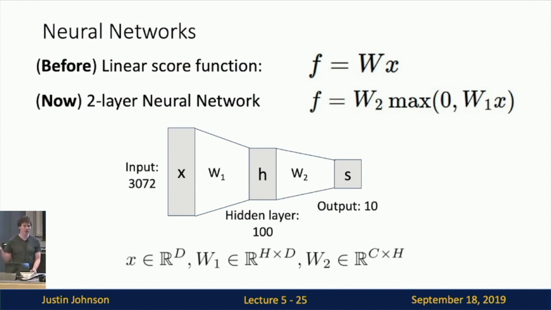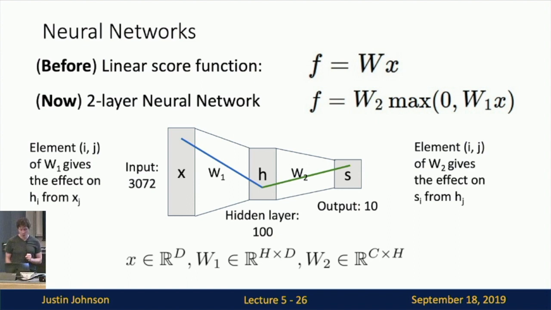And then on the right are our final score vectors, maybe S, giving 10 classification scores for our 10 categories here. And we imagine these weight matrices as living in between each of these multiple layers of our neural network, where we can interpret these weight matrices as somehow telling us how much each element of the previous layer influences each element of the next layer.